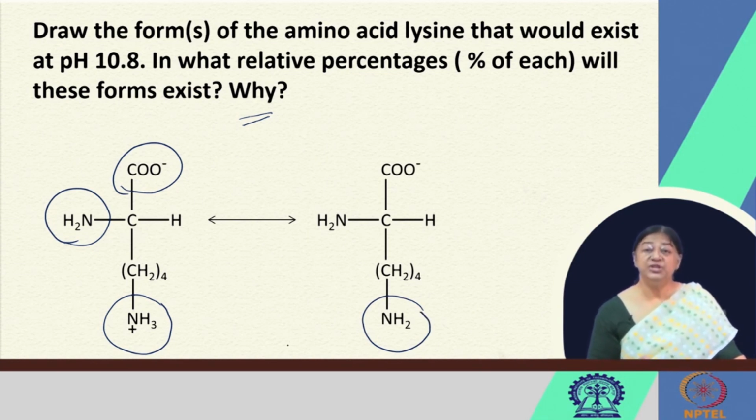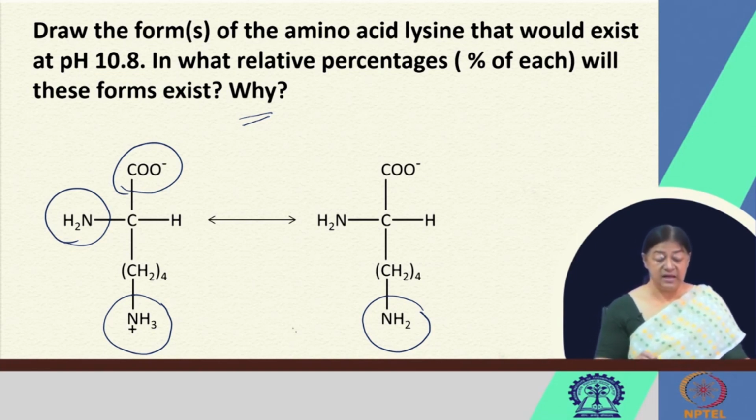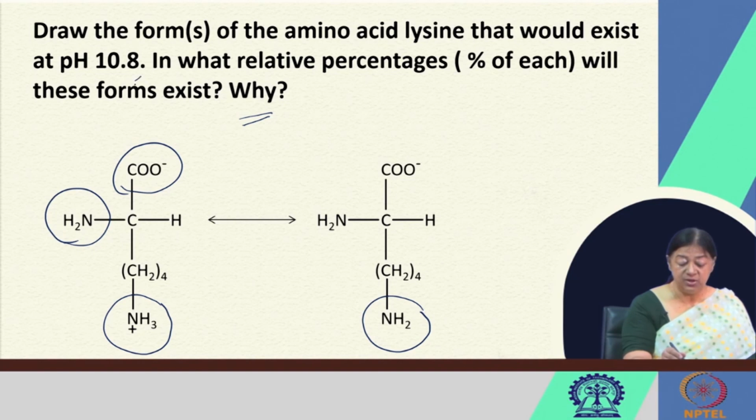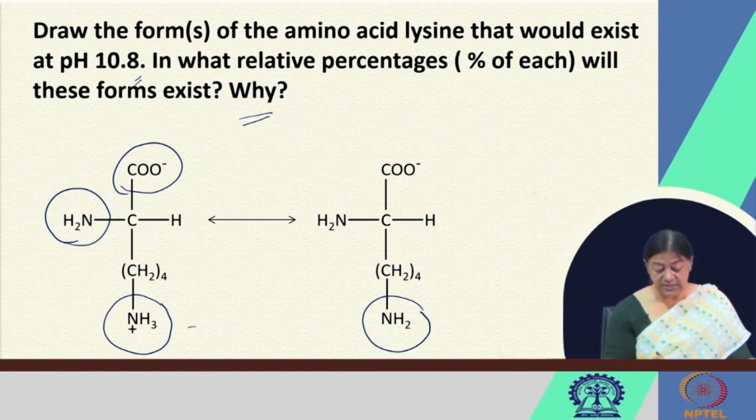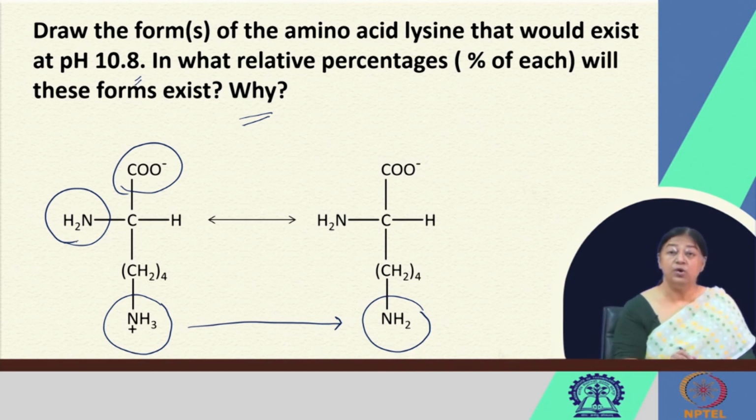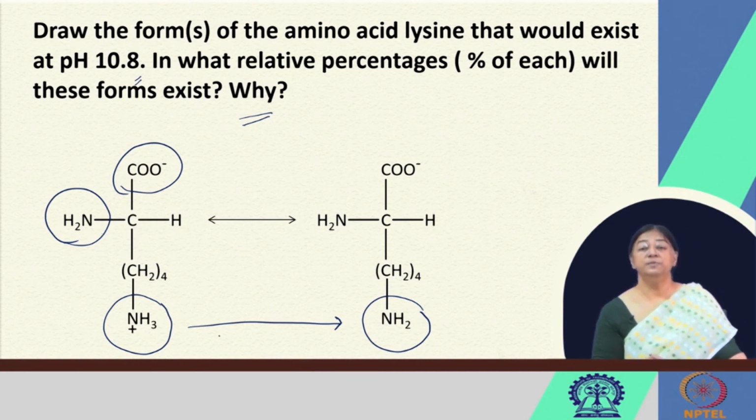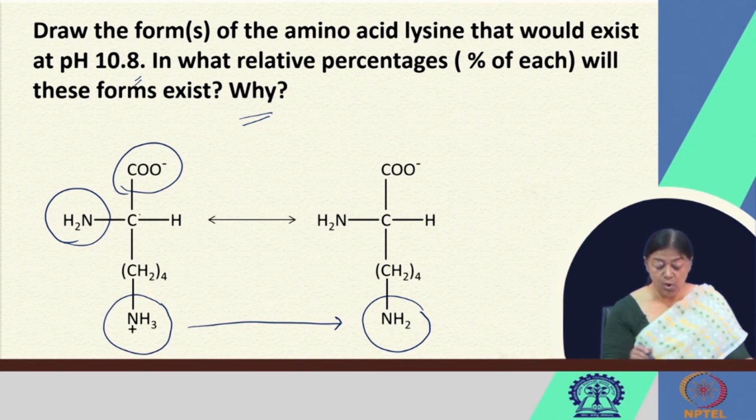So, at pH 10.8, if you remember from a previous class, pH 10.8 was the point at which this proton was lost. This proton that would have originally been present at a pH less than 10.8 is no longer present here, because we want to draw the forms of the amino acid at this particular pH. So, we have lost this proton very early.